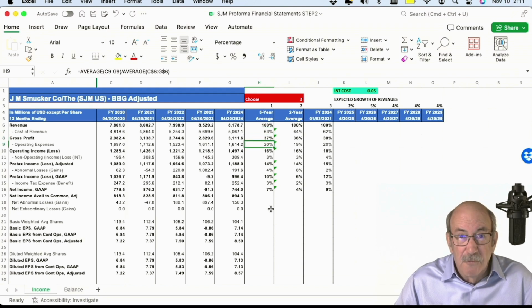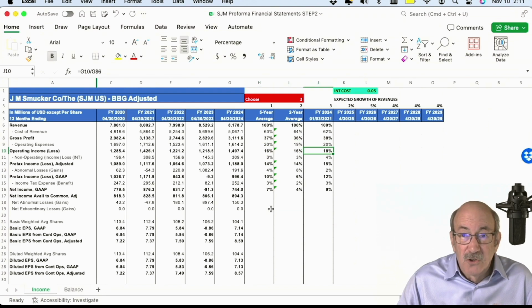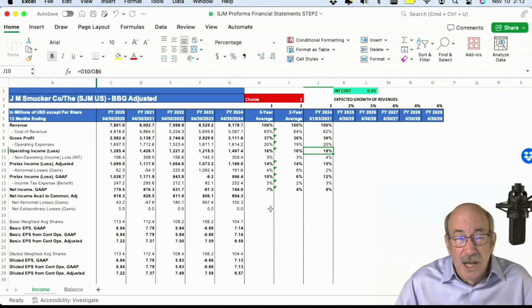So what I'd suggest that you do as you're building this and as you're looking at how stable or not stable each of these accounts is, make sure that you've analyzed it and understand what's going on. There are some weird quirks that I'll point out as we go through this that you'll want to try to avoid.